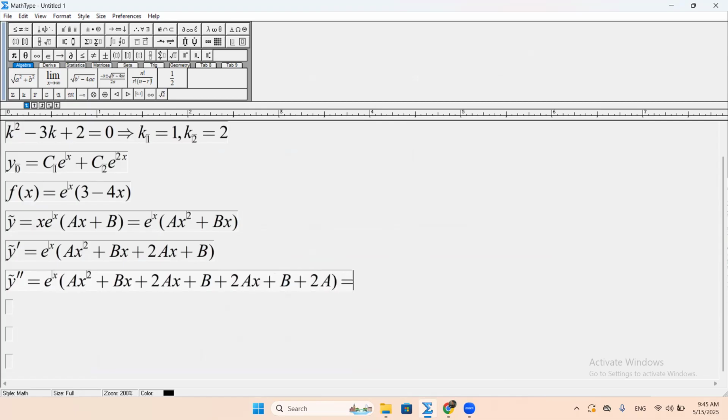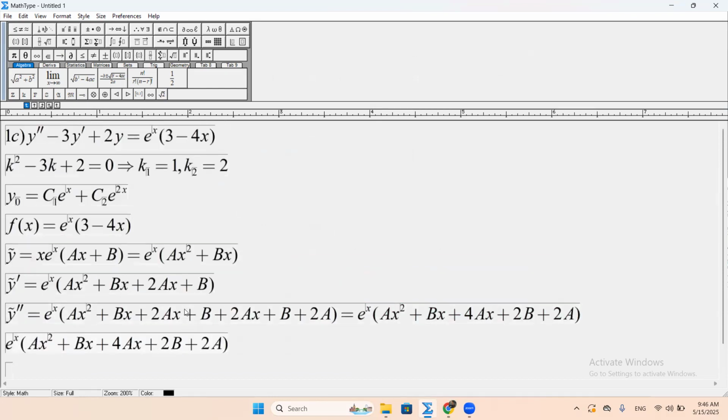Now let's simplify it a little bit: ax squared plus bx plus 4ax, and plus 2b plus 2a.